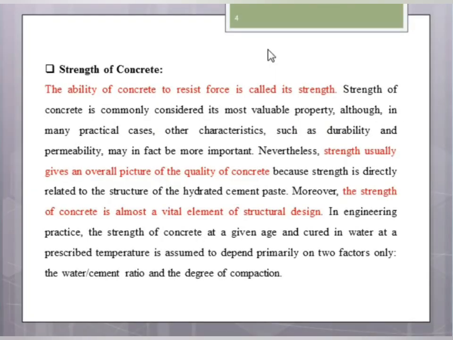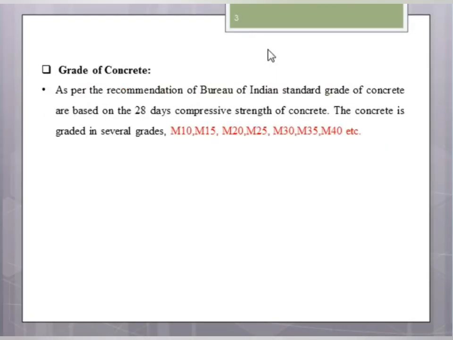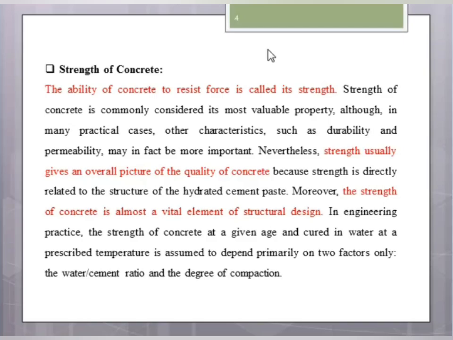And nominal mix of concrete we also studied in the previous class. So what is strength? There are two methods, destructive and non-destructive. These are the destructive tests: compressive strength, flexural strength, tensile strength. And in non-destructive testing, we will study some methods like ultrasonic pulse velocity and rebound hammer.